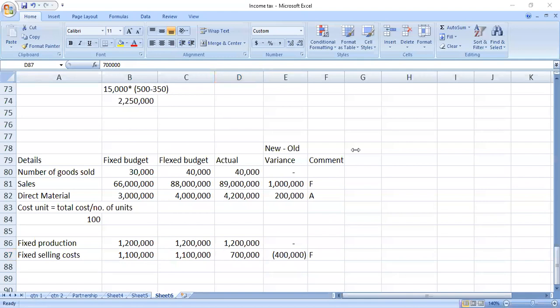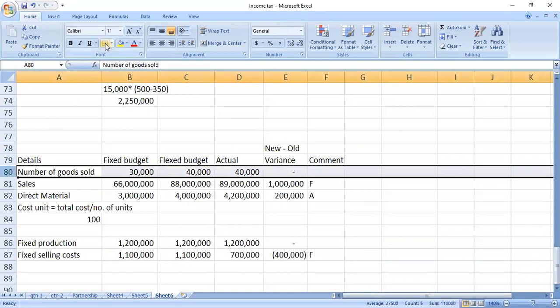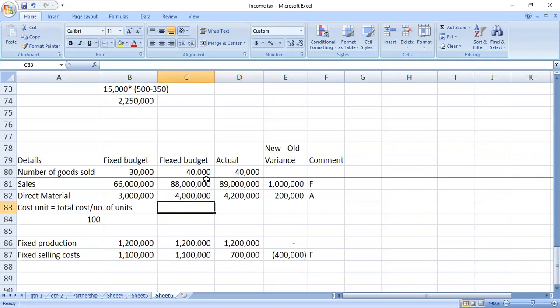However, we need it for clarity that what you're comparing here is not based on the 30 and the 40, but rather on the 40 and the 40. That's why you have the units here. They're not part of the working. Let me put a line here. These are the number of units. The units are not money. They just help us to get the money this side.